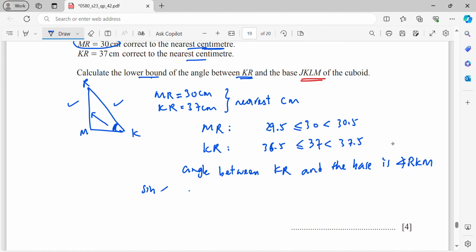So I will write sine angle RKM equals to MR over KR. So I will write angle RKM is inverse sine. That will be better. Inverse sine MR over KR.